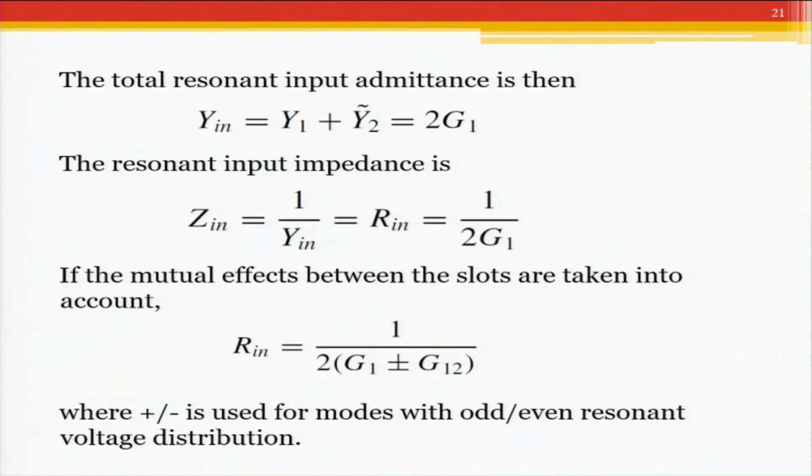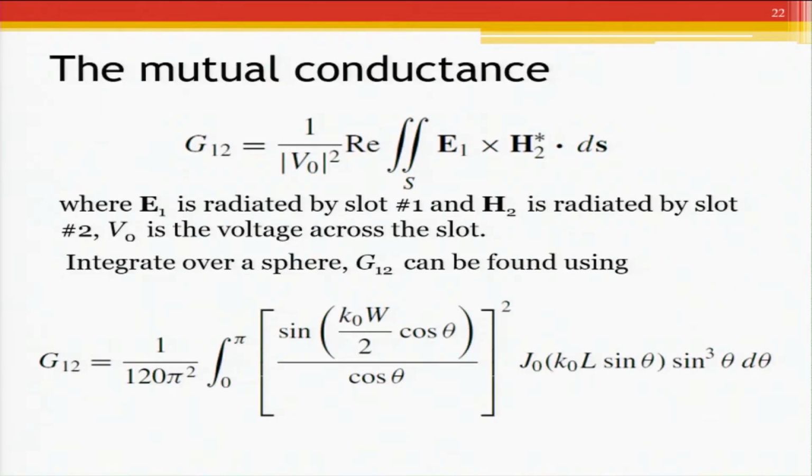You have to add the effect of mutual conductance between the two slots here. The plus and minus here is associated with odd and even voltage distributions, which you do not have to understand in this class. And then you can find the mutual conductance using these equations.